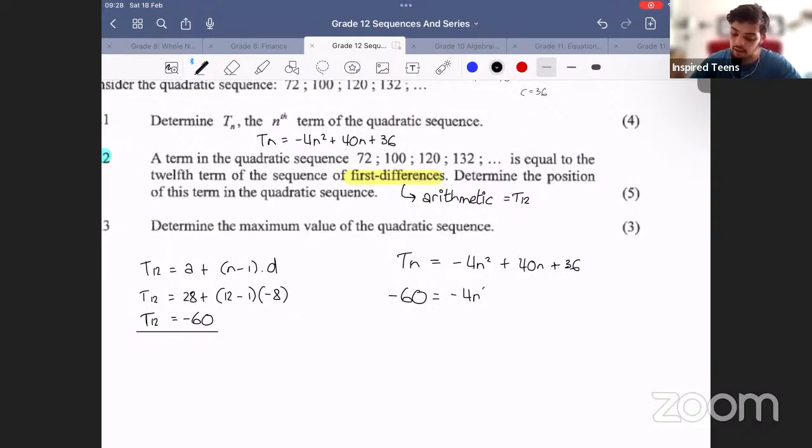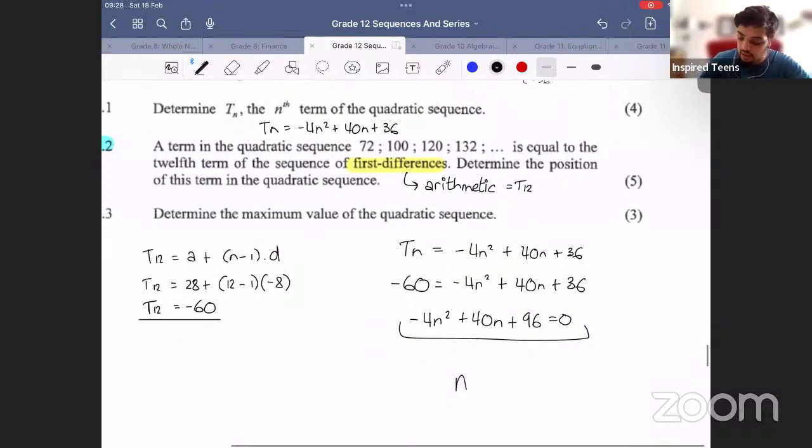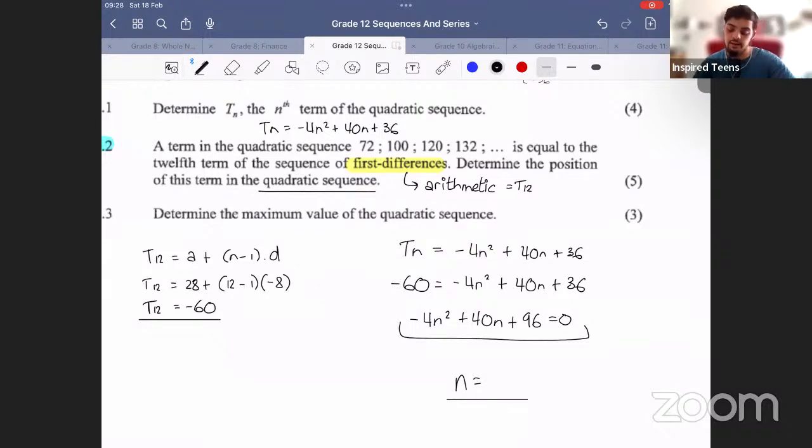So negative 4n squared plus 40n plus 36 equals negative 60, which gives negative 4n squared plus 40n plus 96 equals 0. Then you solve using the quadratic formula or factorize, and that gives you n, which is the position of this term in the actual quadratic sequence.